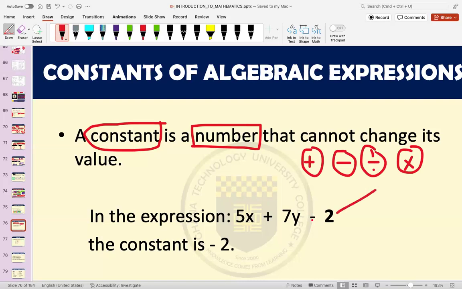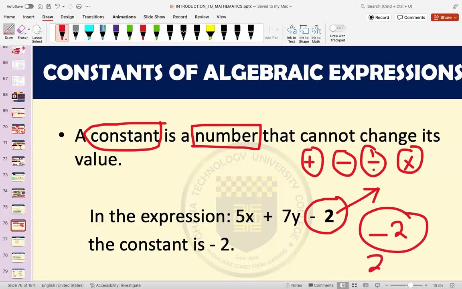I can't leave the negative sign in front of the 2. The negative sign will have to move with the 2. So when I want to cut this term off, I'm going to cut it this way, and then the constant will be -2. It is not 2. If you write it this way, it is wrong.